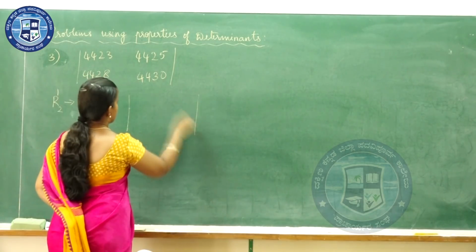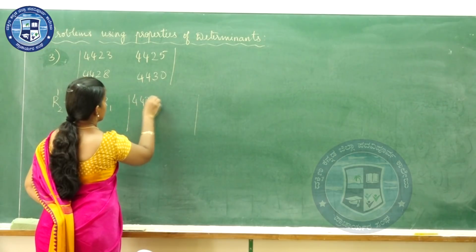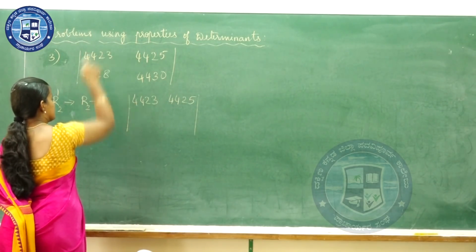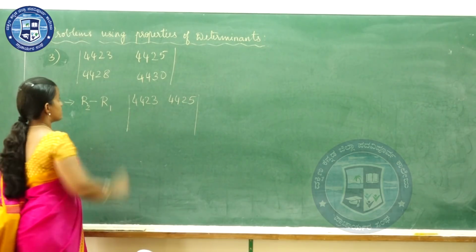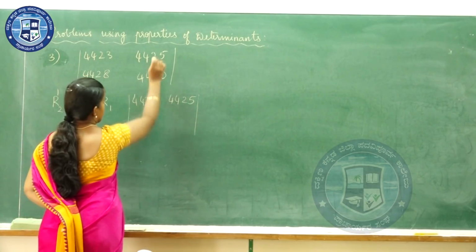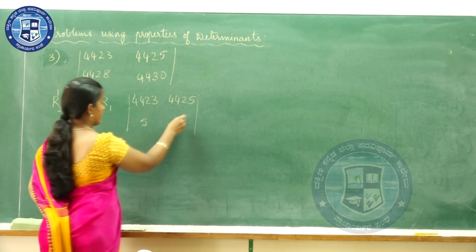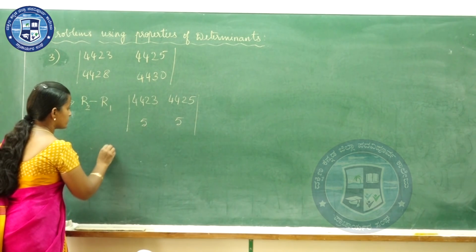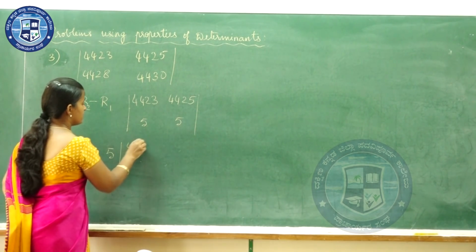First row I am keeping as it is. Second row minus the first row needs to be replaced here. 28 minus 23 is 5. 30 minus 25, that's also 5. Now you can see 5 is common. So take it outside. What will remain?